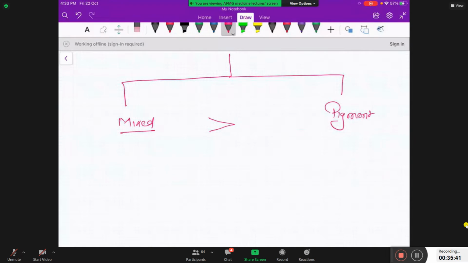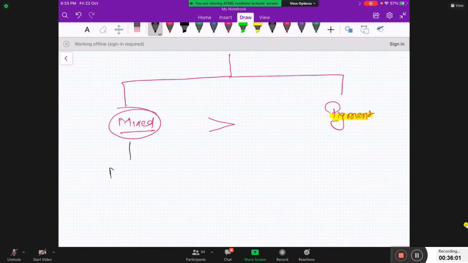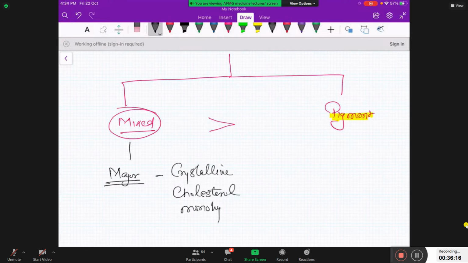Most common stone in the Asian population, if asked, please be careful, it is a pigment stone. And mixed stone is the most common stone overall, and the major constituent of mixed stone, a question often asked, is crystalline cholesterol monohydrate.